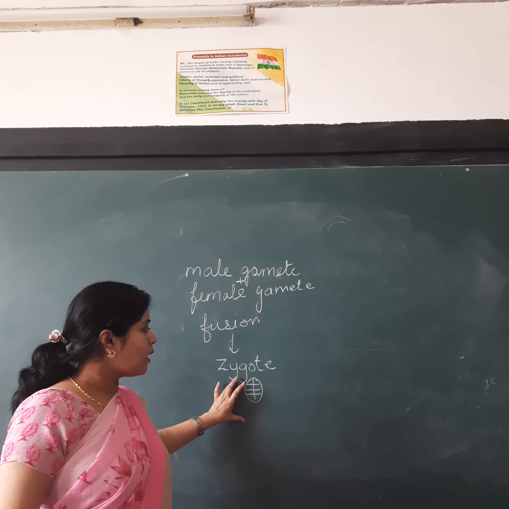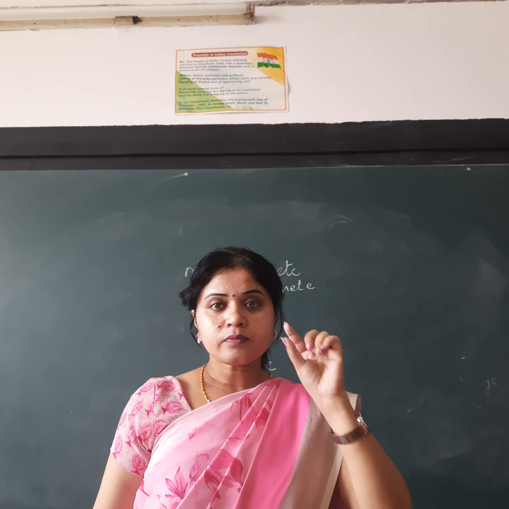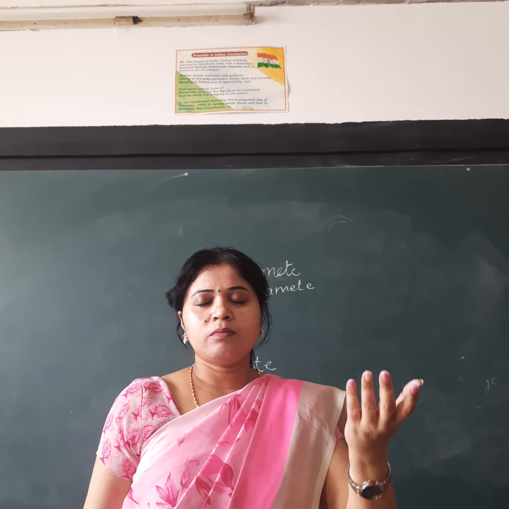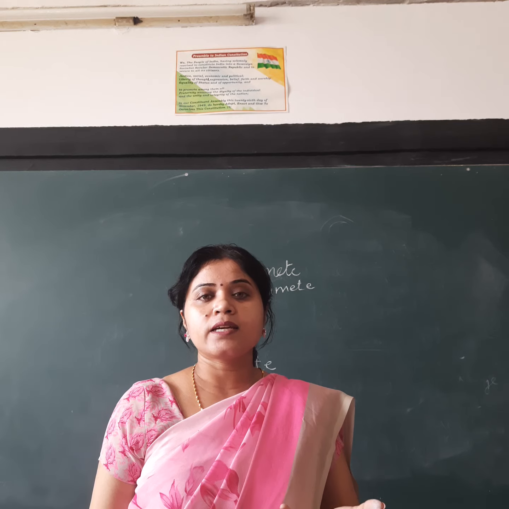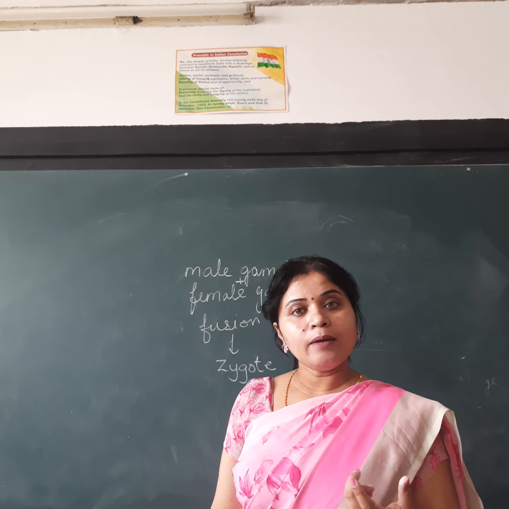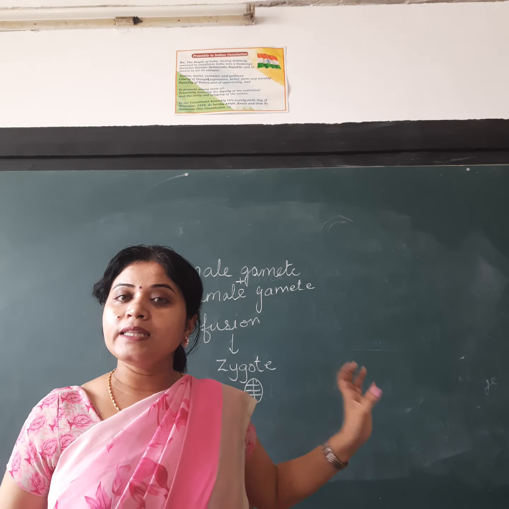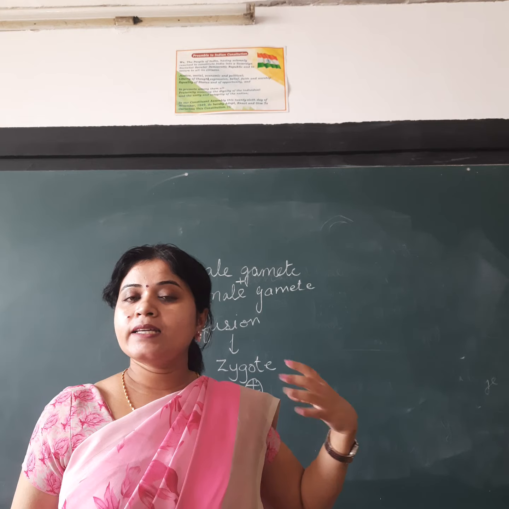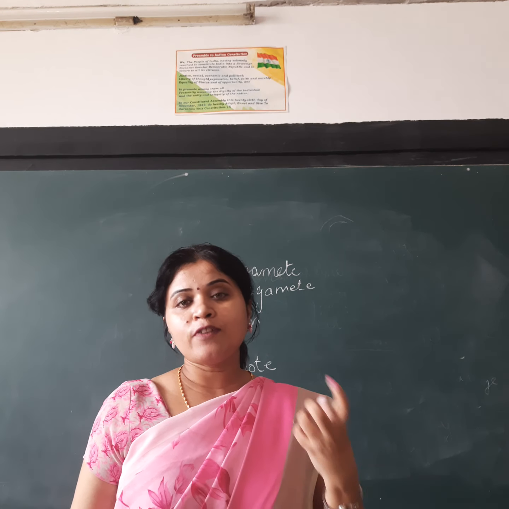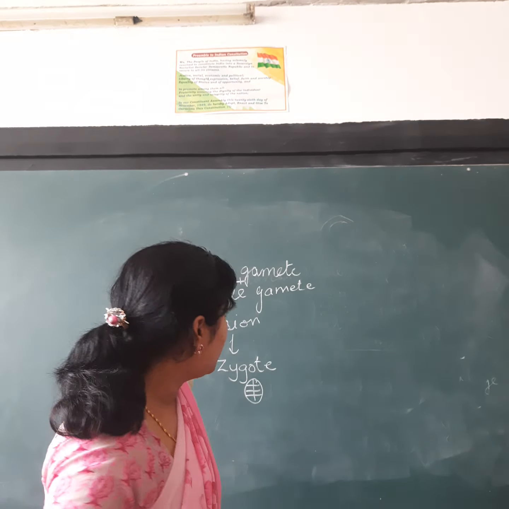The stage in which you cannot differentiate the eyes, legs, hands, etc. is called an embryo. When you are able to differentiate the legs, eyes and other body parts in the embryo, we call that a fetus. These are some of the terms you should be familiar with before you start with sexual reproduction.